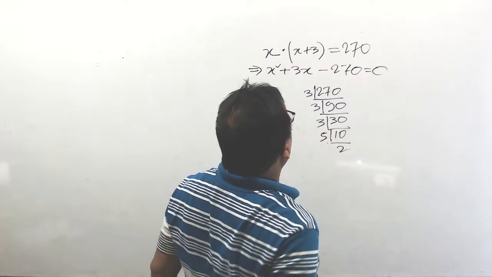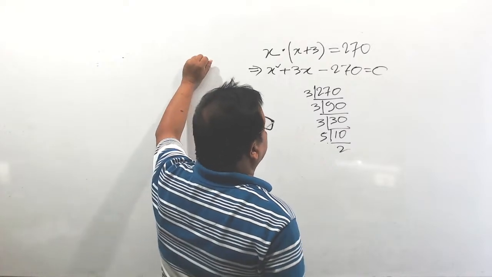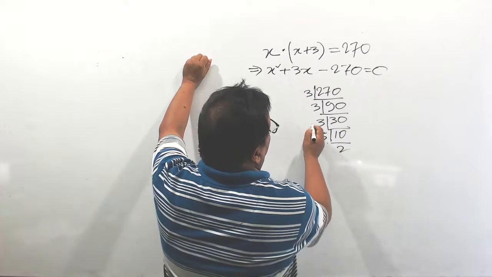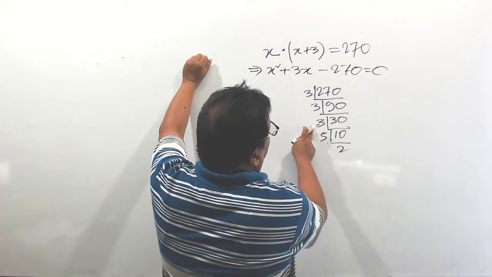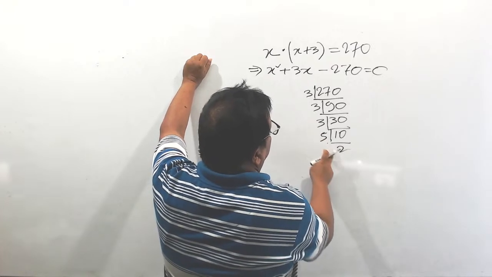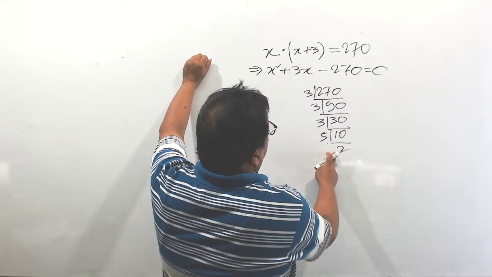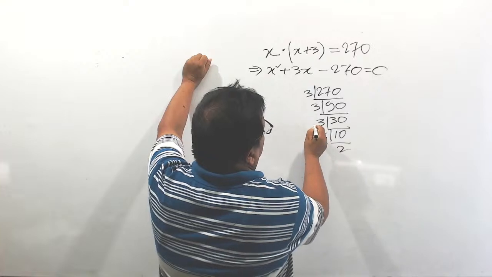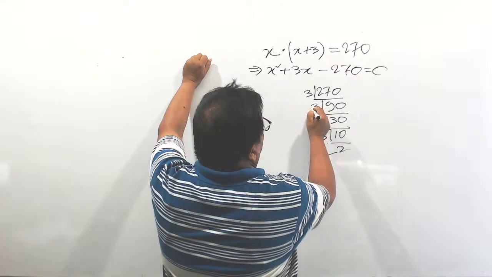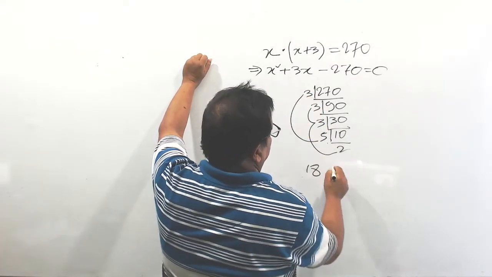Okay? Now you have to bring 3. Check. 3 2s are 6. 6 3s are 18 and 15.